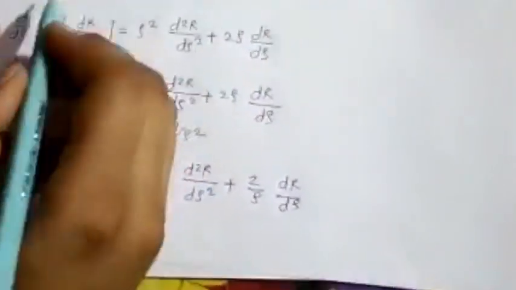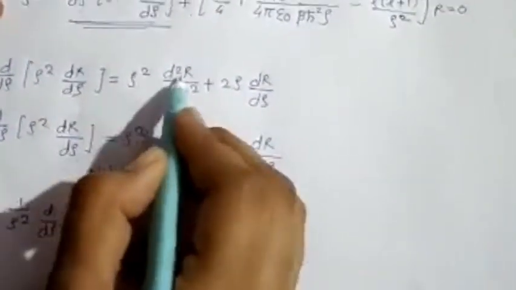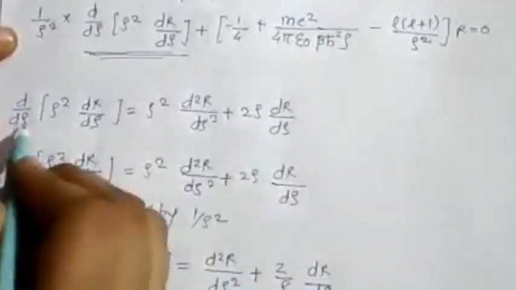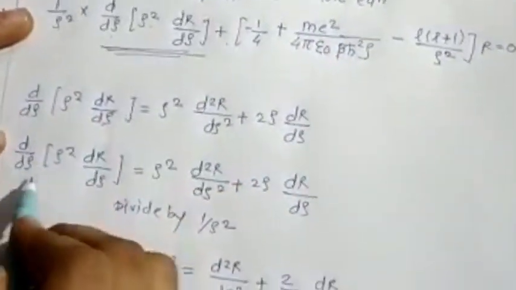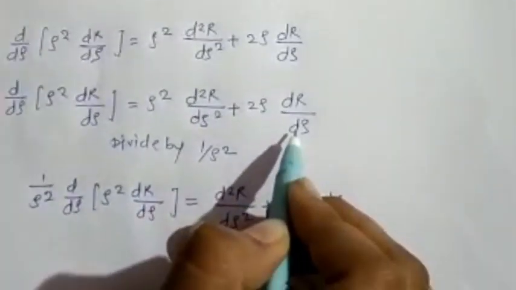Now we have to find out the value of these terms, so we can write it separately, that is d by d rho of rho square dr upon d rho. Here rho square d2r upon dr square plus 2r dr. Here we are differentiating that term separately. Now we can write it as rho square d2r upon d rho square plus 2r dr by d rho.